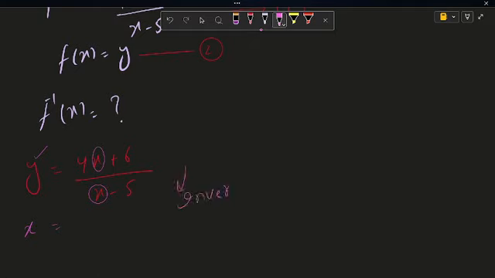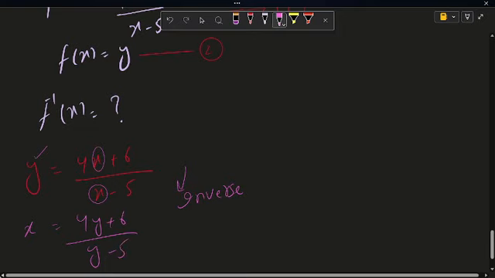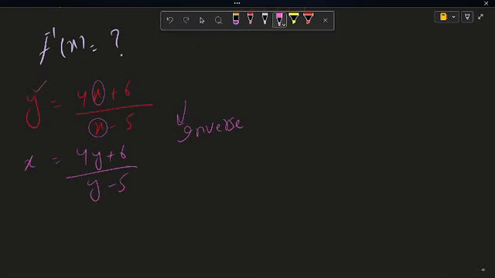Inverse means you are swapping the variables x and y. So at every place where you have x, you have to plug back y. So x equals 4y plus 6 over y minus 5. Now the pink one is talking about the inverse. This is my inverse.